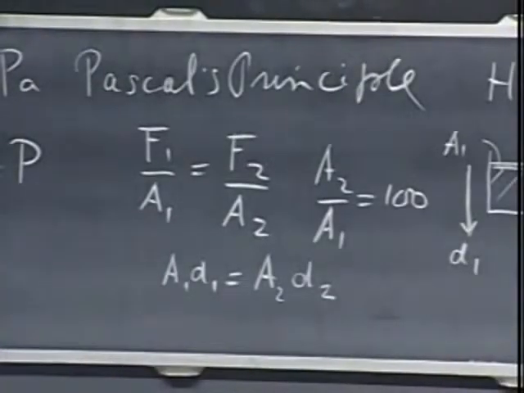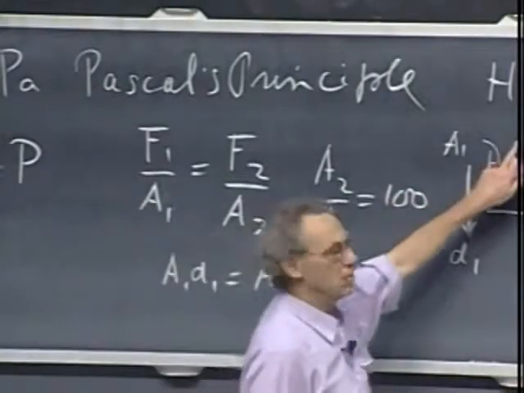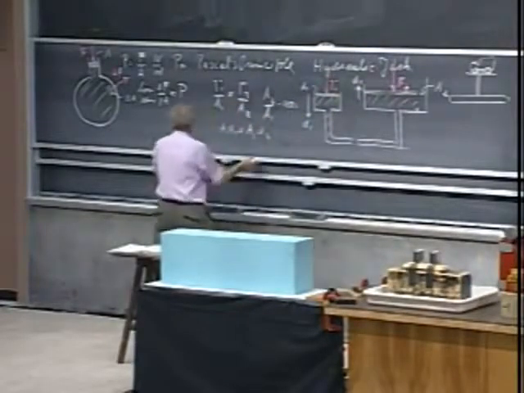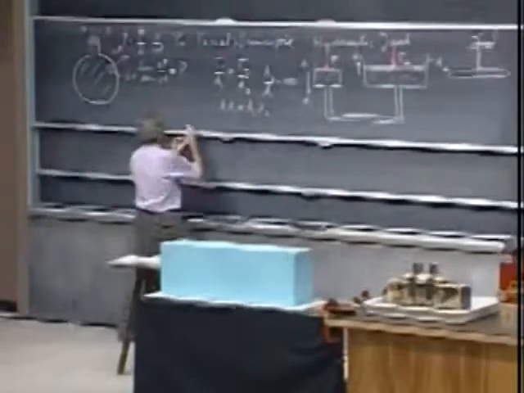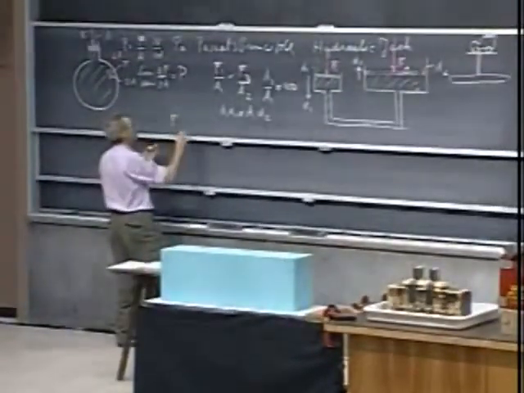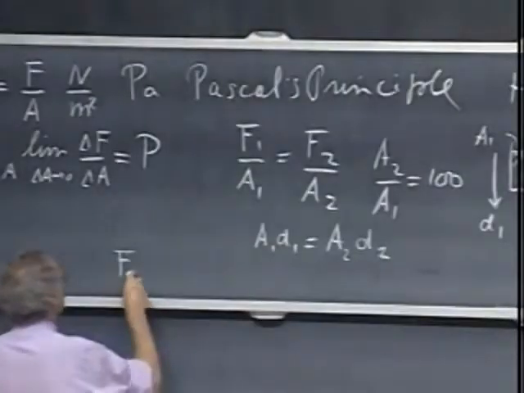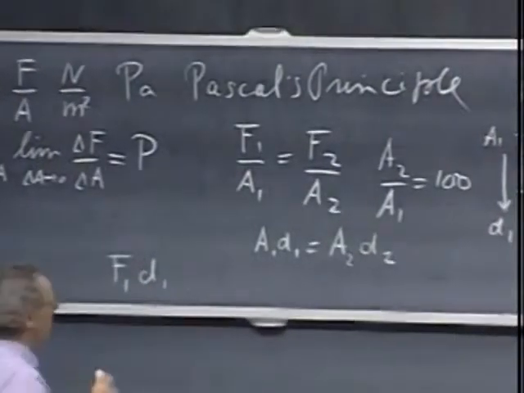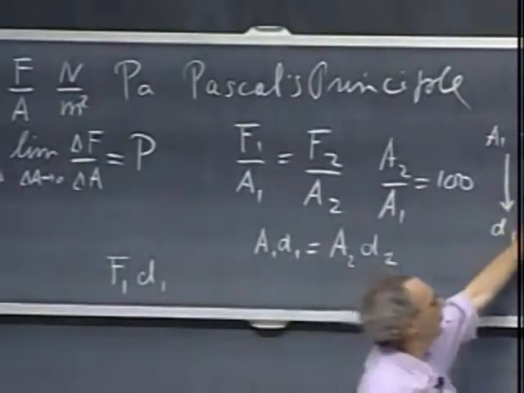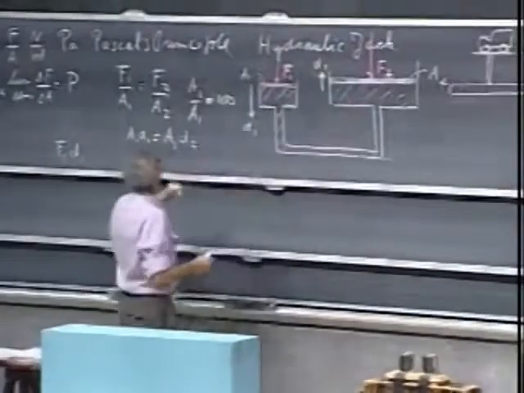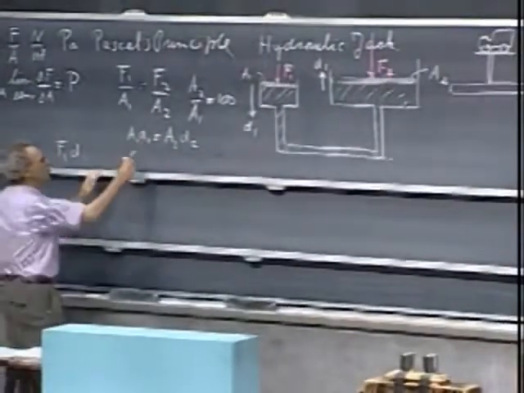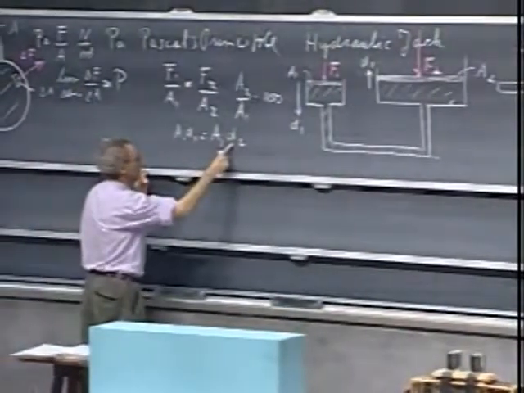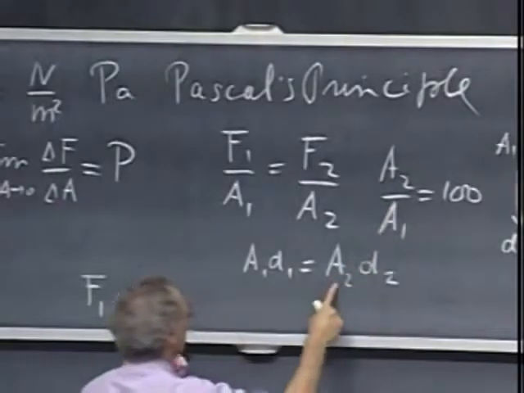Now, if the force here is 100 times less than the force there, the work that I am doing on the left side is F1 times D1. If the force here is 100 times less than that, the distance that I move is 100 times larger than D2, because A2 over A1 is 100.